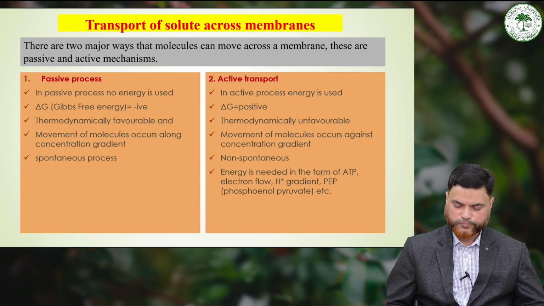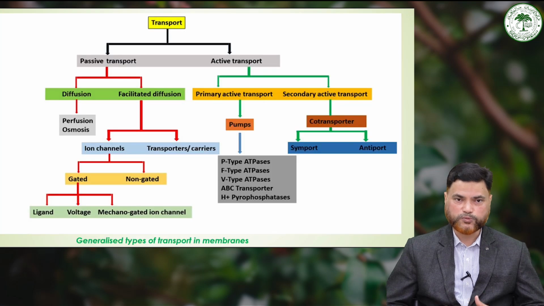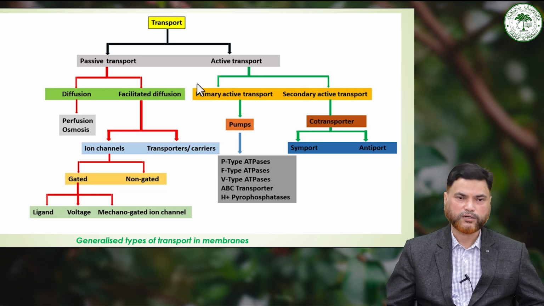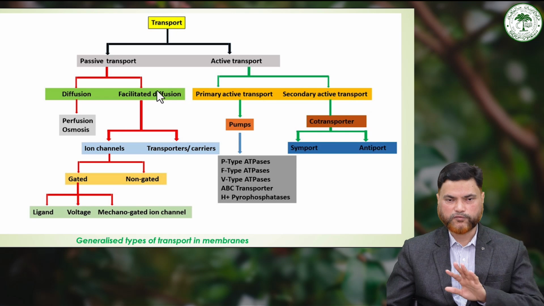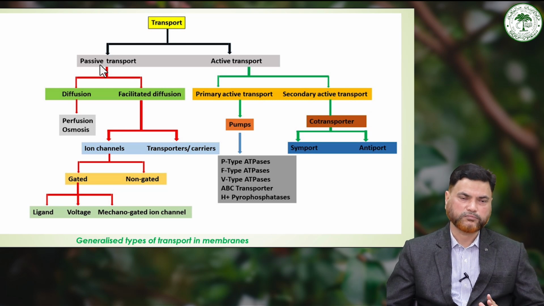Likewise, we will go into detail with a sketch of these passive and active transports through this slide. Passive transport could occur via diffusion or facilitated diffusion. If you have a sketch in mind of how transport of solute could occur across the plasma membrane, as I mentioned, it could be through passive transport or active transport.